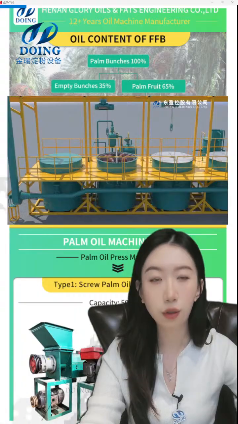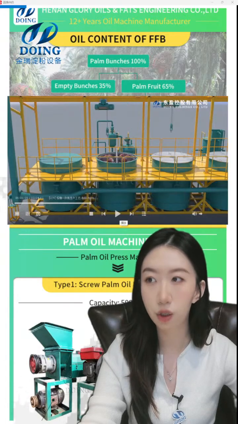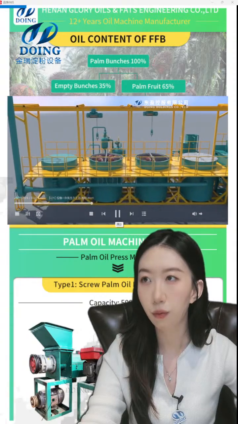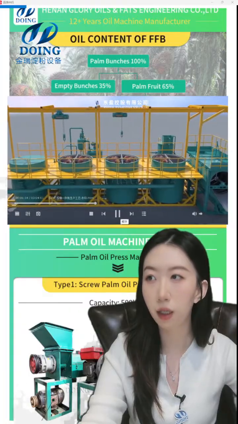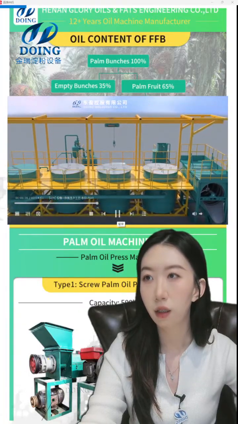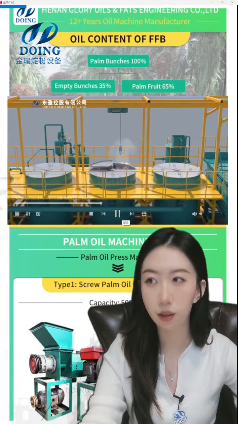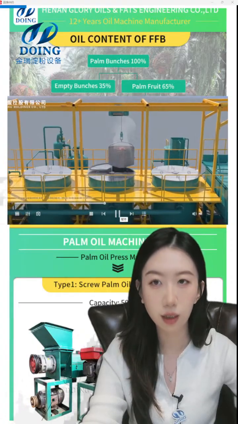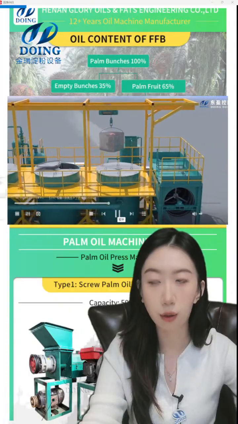In this free installation palm oil production line, we always use the iron sheet sterilizer. This free installation palm oil production line includes 3 containers. Those 3 containers can transport the entire machinery of the palm oil production line.